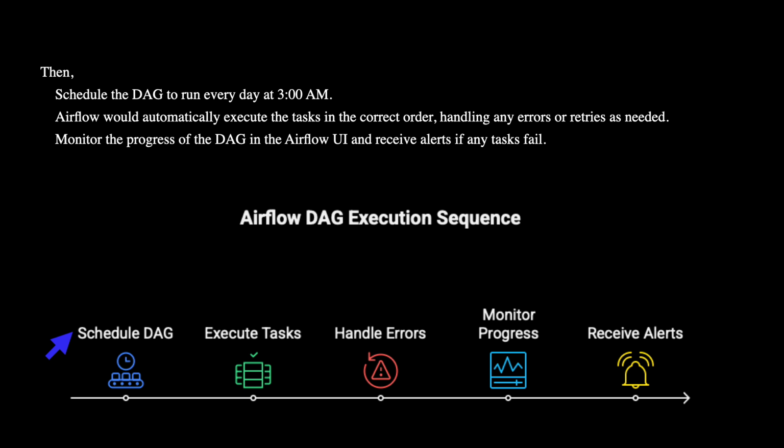Scheduling a DAG, we can do from the UI, and execution of tasks is automated using our workflow scheduling. Handling errors is automatically supported in Apache Airflow. For monitoring progress, if you want, you can go and check the UI for the progress, and you can also configure alerts if any failure occurs.